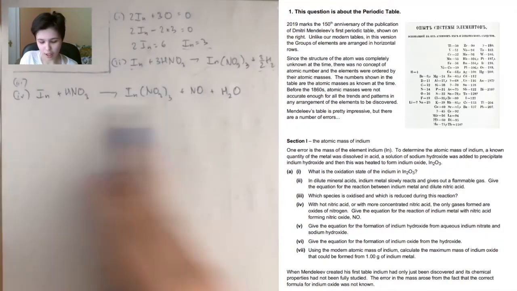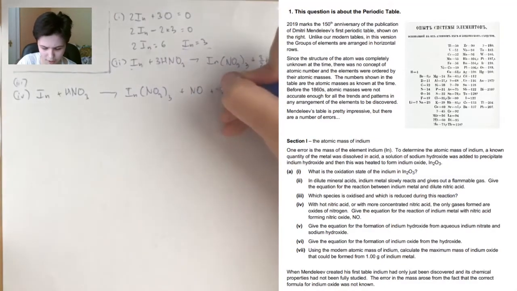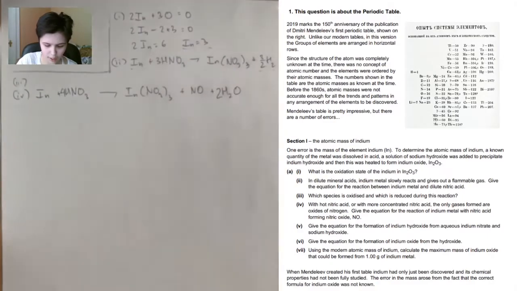And here, I think that's pretty much it. So all I have to do is balance the equation. This gives me 2 and 4, and I think that's it.